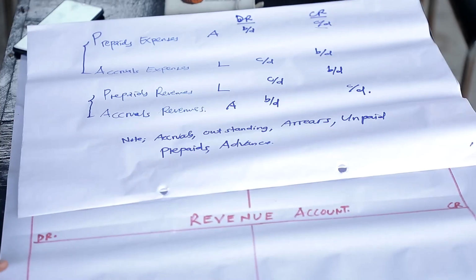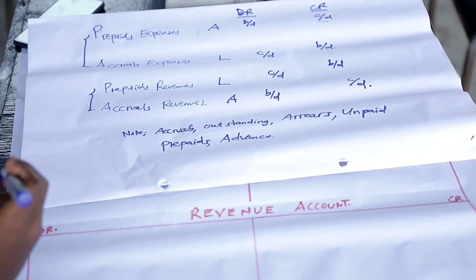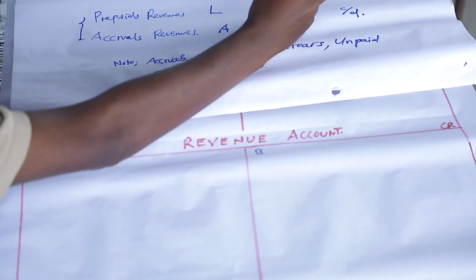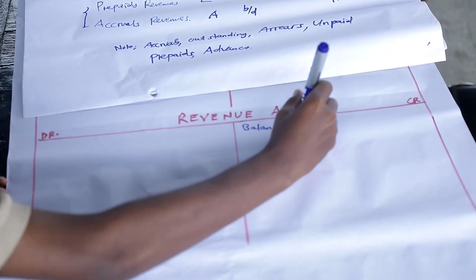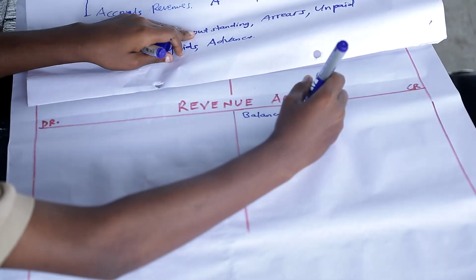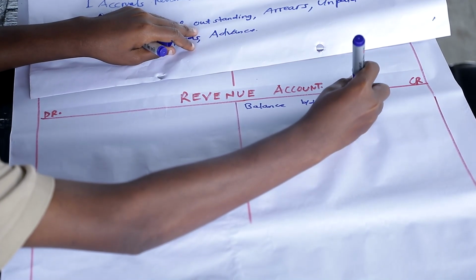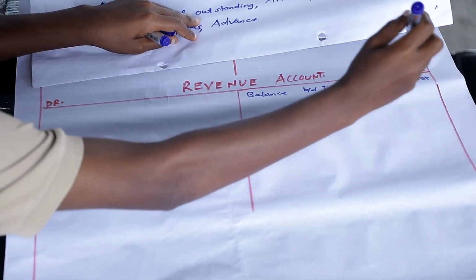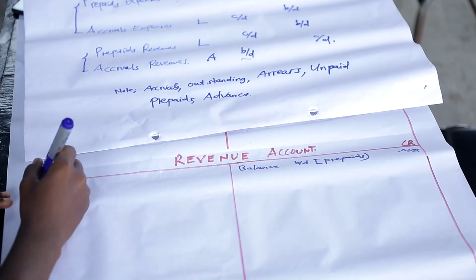So the balance BD for revenue, remember that revenues are the credit nature, so the balance BD for prepaid revenue are reported on the credit side as shown here in my format. So here we'll have the balance brought down for revenues, prepaids. And the balance brought down for accrued revenues will be reported on the debit side.